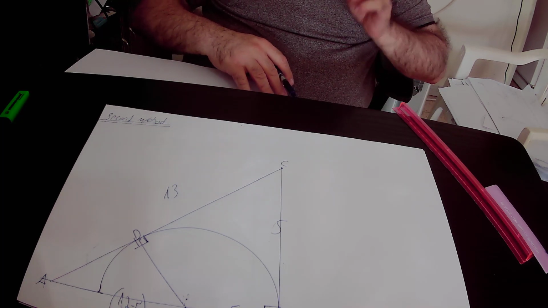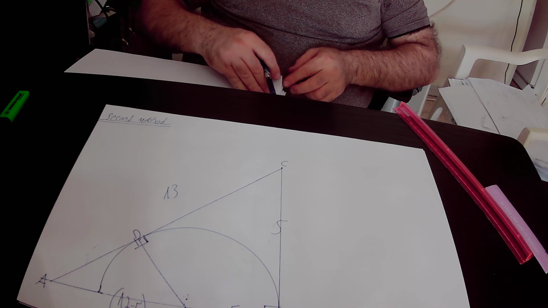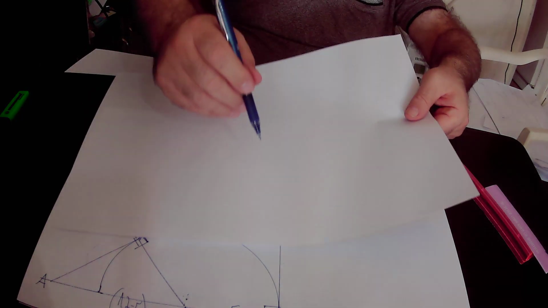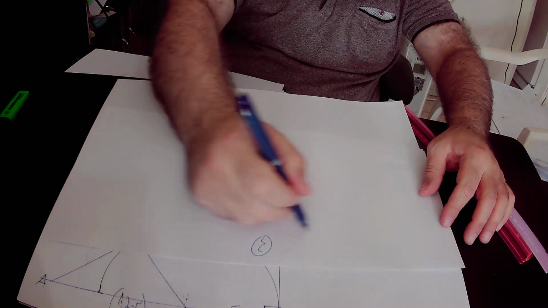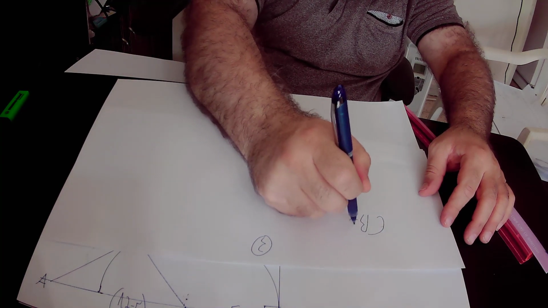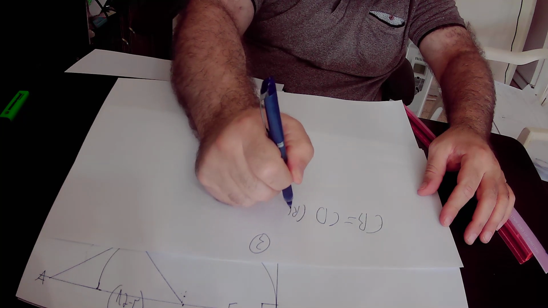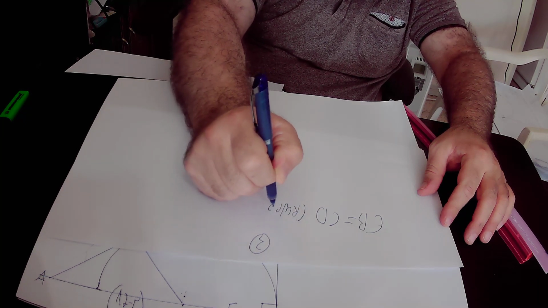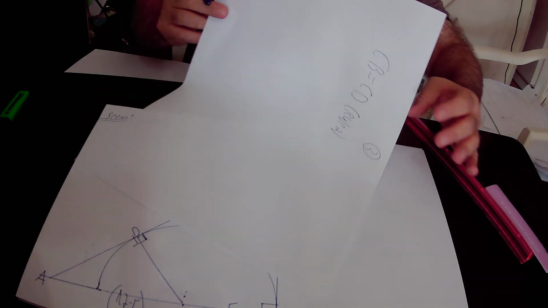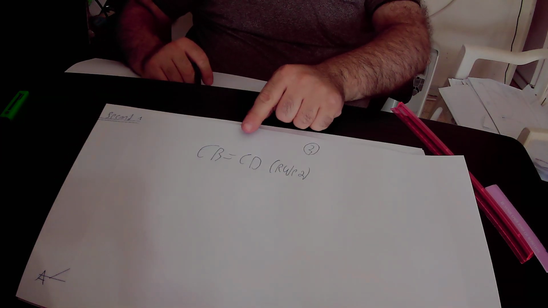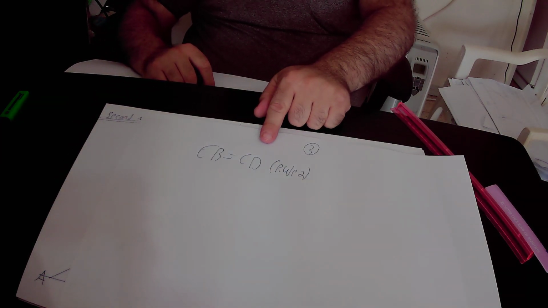That is to say, CB equals CD. Okay, rule number 2, two tangents theorem. I repeat again: according to two tangents theorem, CB equals CD.